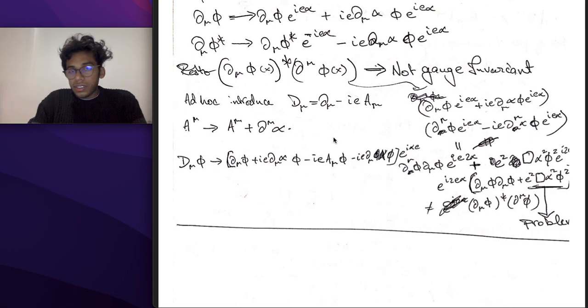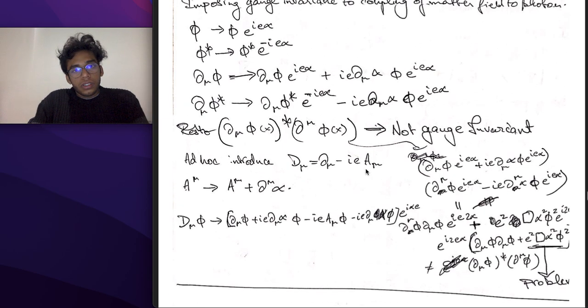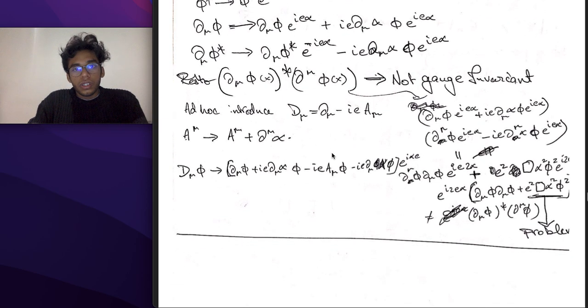This whole definition is completely ad hoc, but it works. Okay, and this is how you define the gauge transformation, right? But it works. Okay, so how does it work?